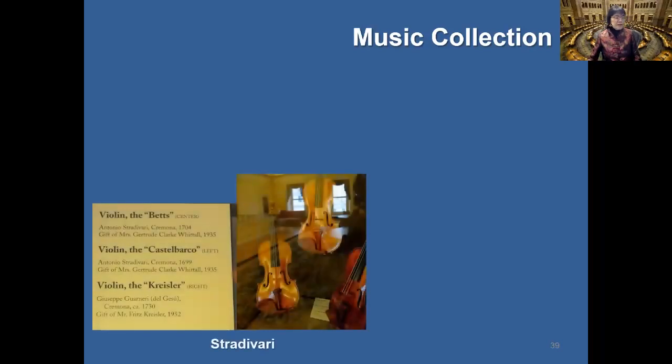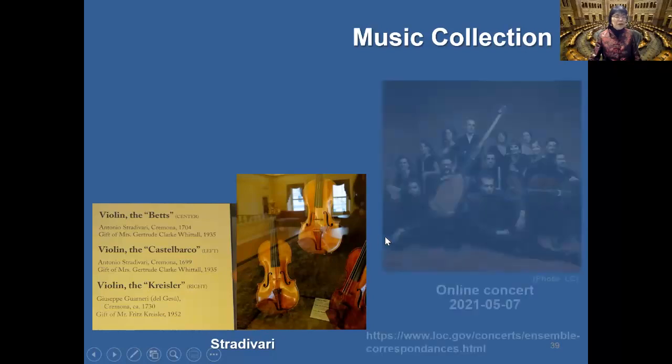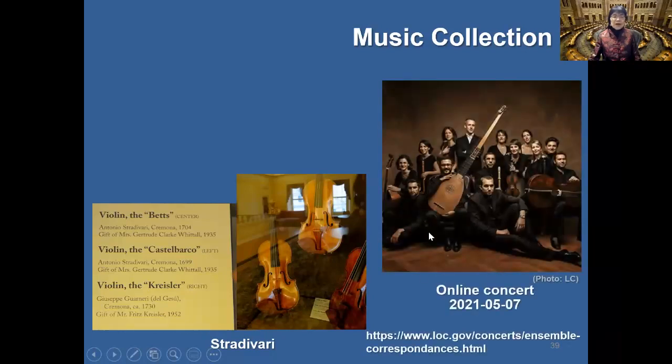They have several very expensive and famous violins and violas made in Italy, like the Stradivari. They also have concerts. Before the pandemic, you could go there. I think they have a monthly concert. They also broadcast their concerts on the radio.